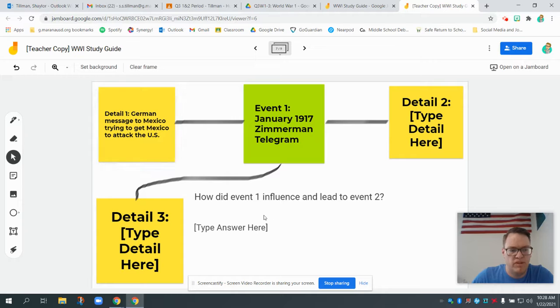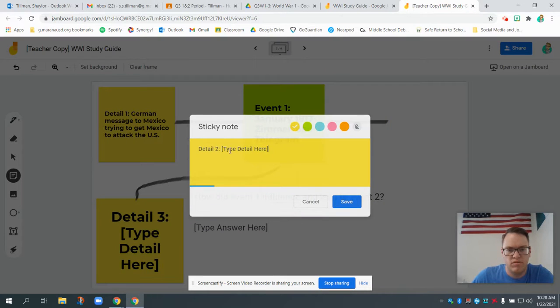A little bit of a motive in there. Detail number two I'm going to put in here is that it is intercepted and decoded by the British.